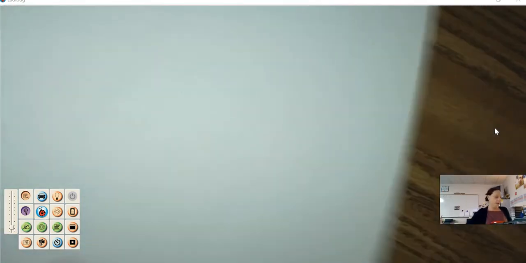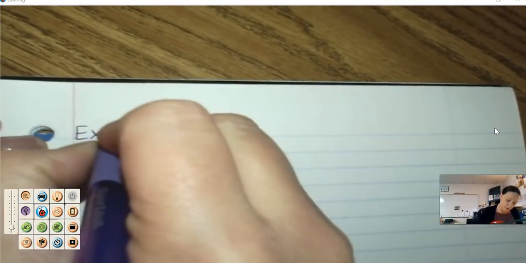Good here? Okay. Example 3 is combining like terms, which you guys have done before.